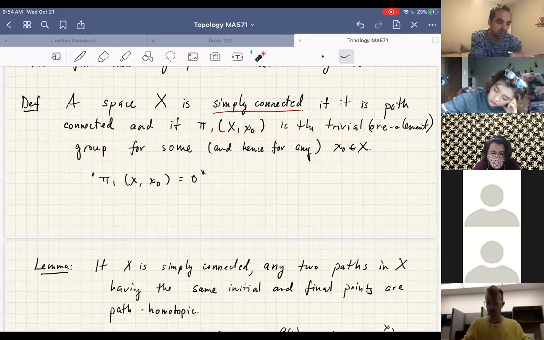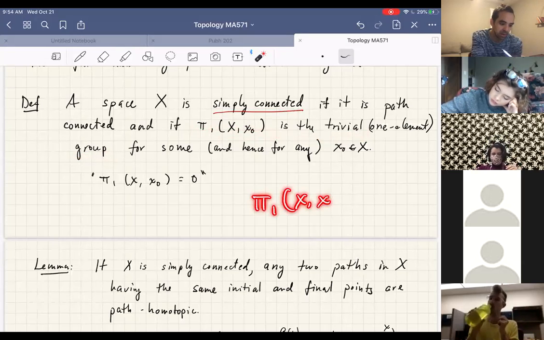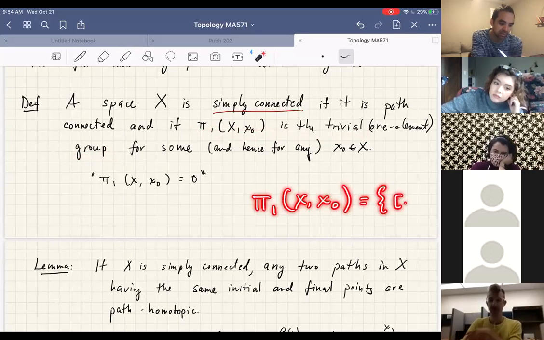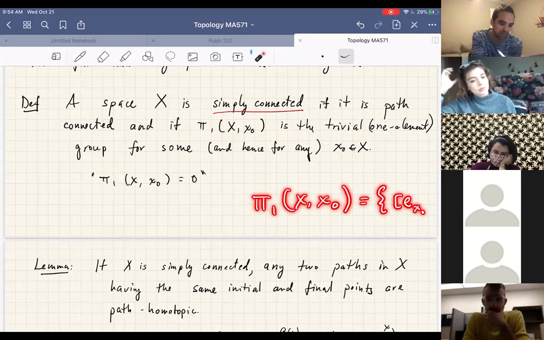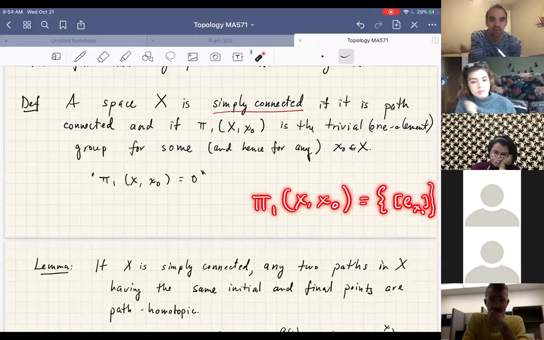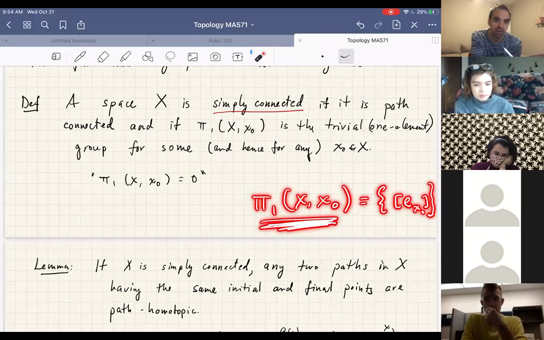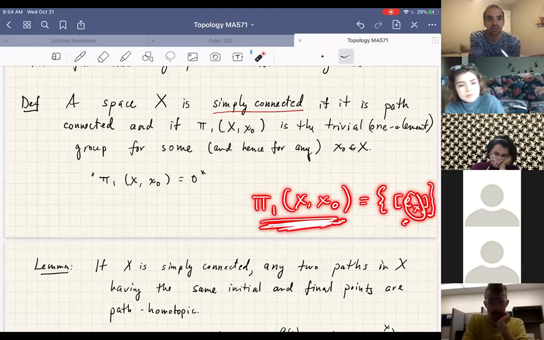So the fundamental group being trivial means that there's only one class, namely the class of the constant loop. This is the set of homotopy classes of loops, so there's only one class. Any loop is homotopic to the constant loop.